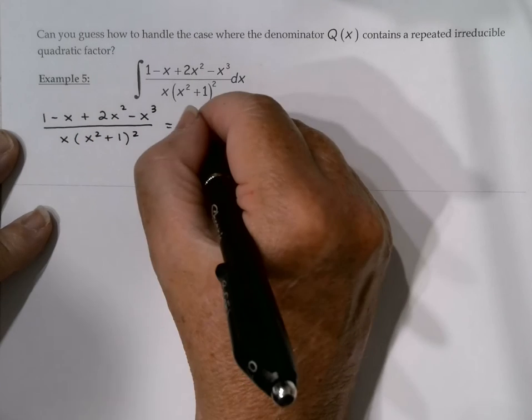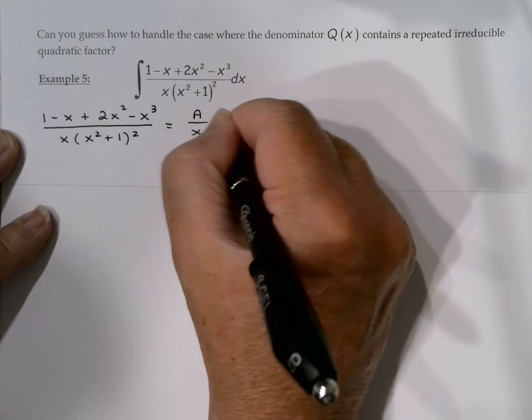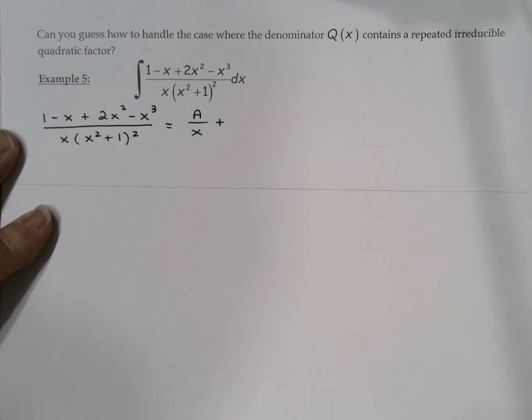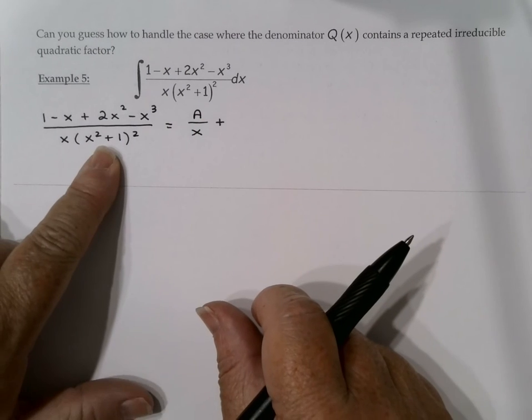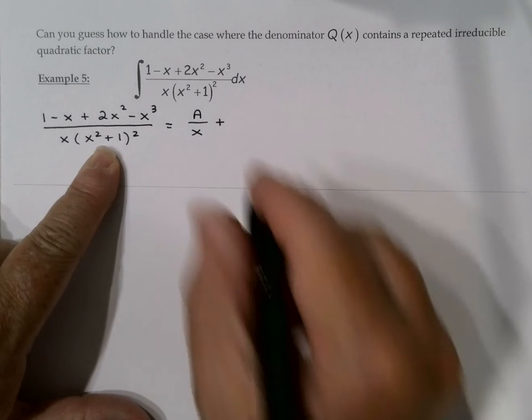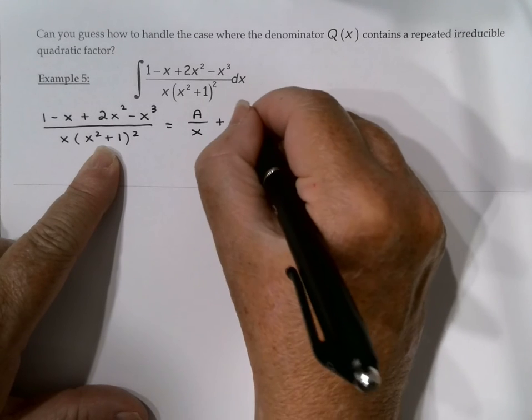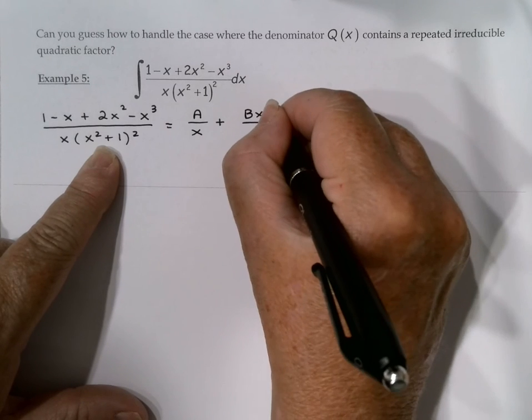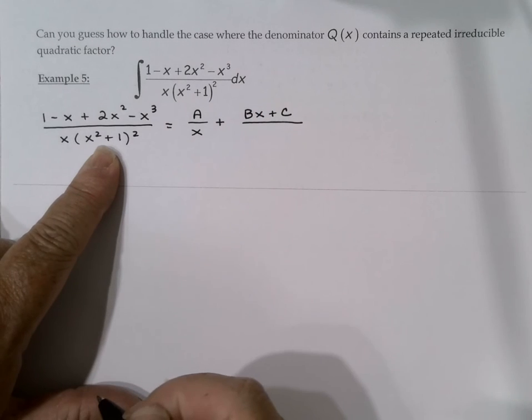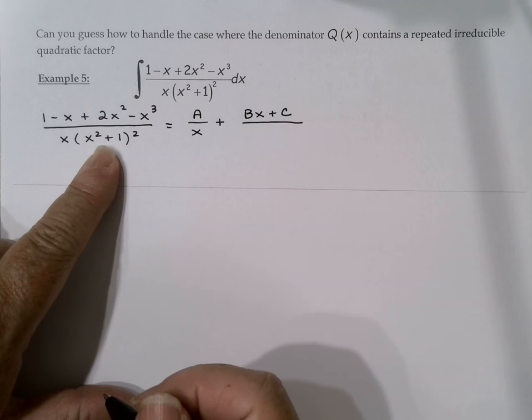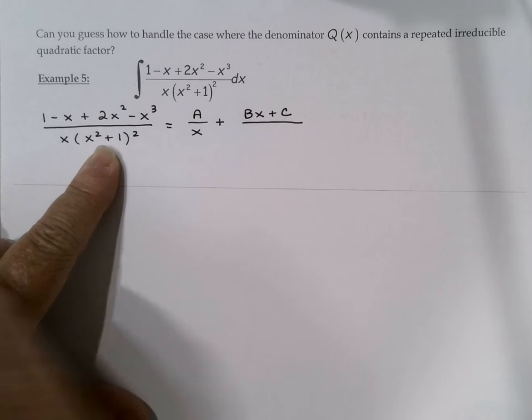Let's start with A over x, the boring part. Also the easy part, right? Now because I've got a quadratic factor here, this x squared plus 1, I will have to have the linear numerator, Bx plus C. And then just like we did with the repeated linear factors, I have to build my way up.